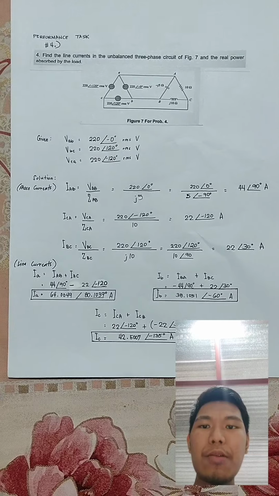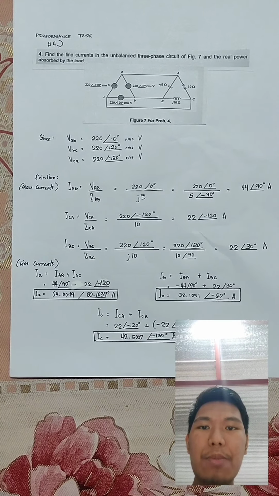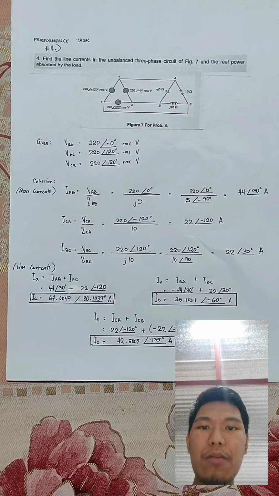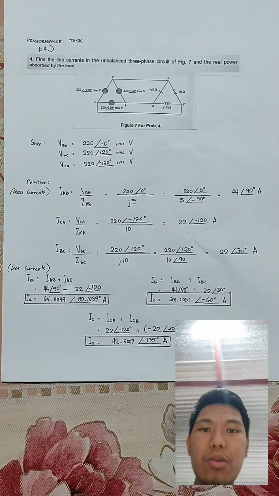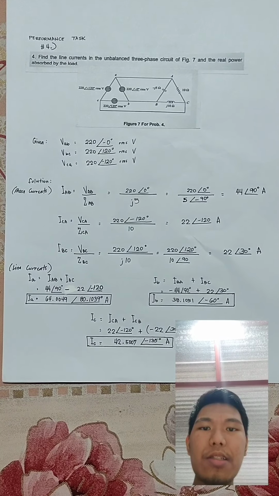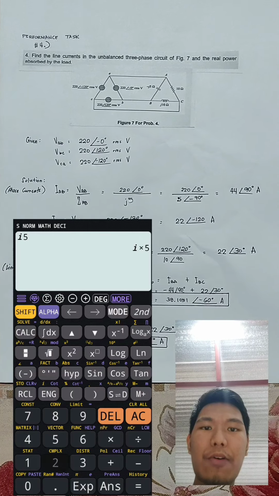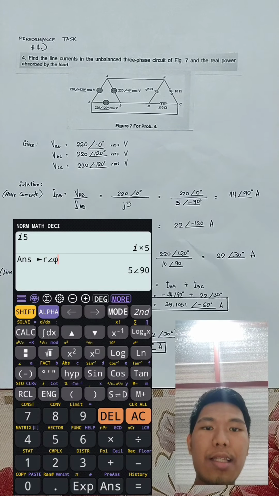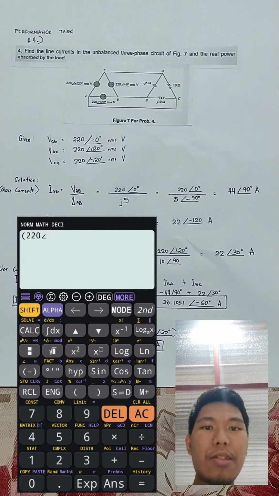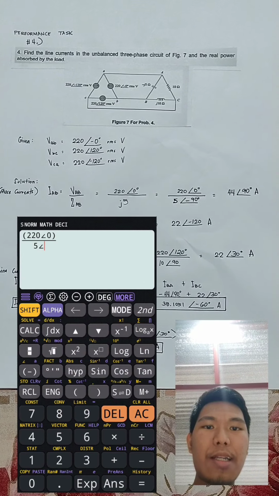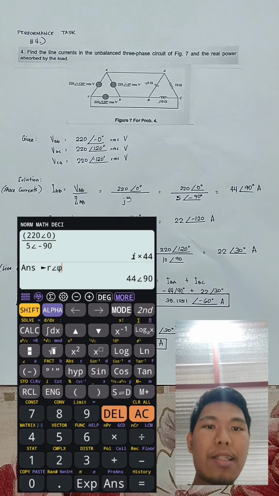Like in number 3, first we will find its phase currents. IAB equals VAB over ZAB. 220 ∠ 0 degrees over j5. j5 will be converted to its polar form, 5 ∠ negative 90 degrees. 220 ∠ 0 degrees over 5 ∠ negative 90 degrees is equal to 44 ∠ 90 degrees ampere.